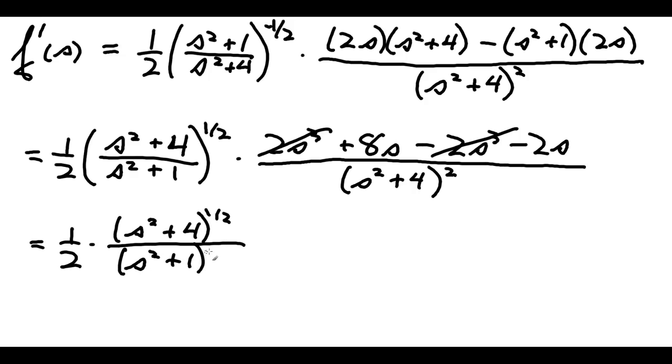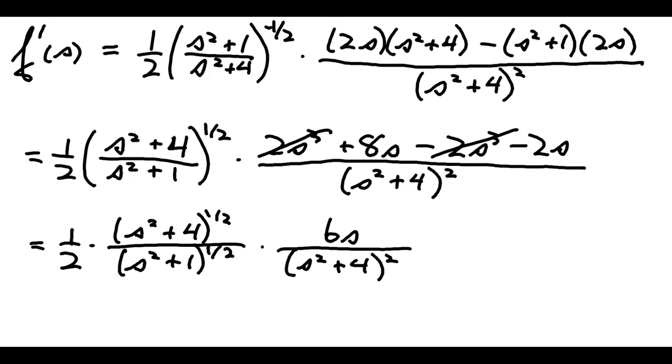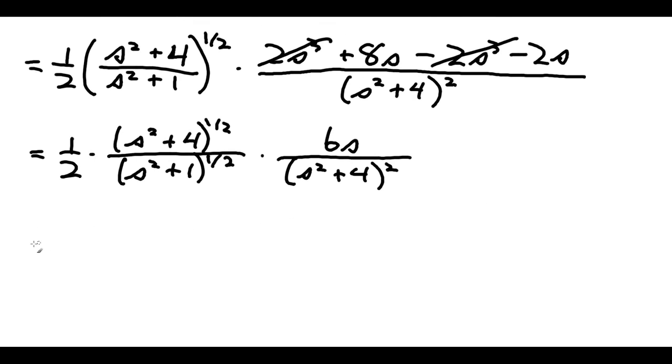So it's s squared plus 4 to the 1/2 divided by s squared plus 1 to the 1/2. In the numerator here, we are left with 8s minus 2s gives us 6s, dividing that by s squared plus 4 squared.